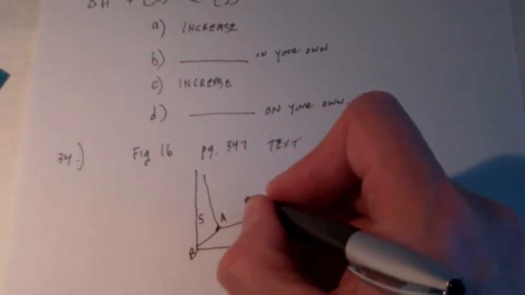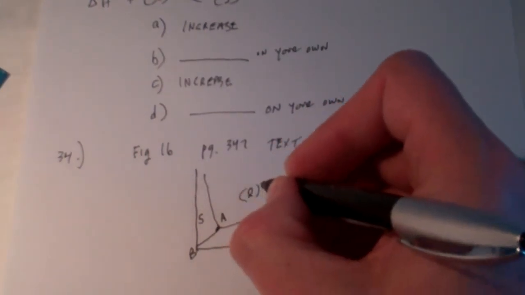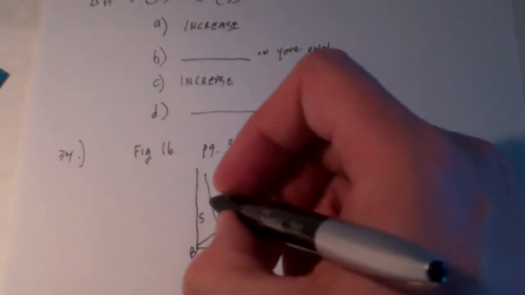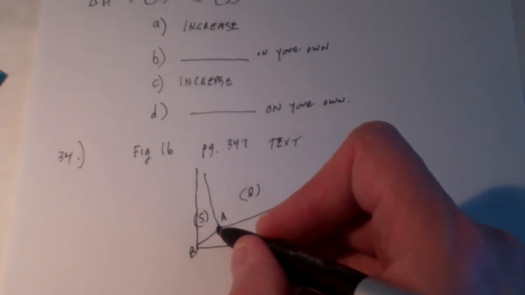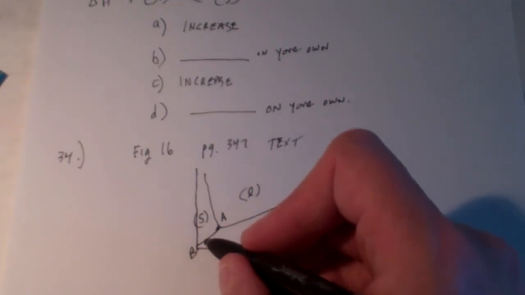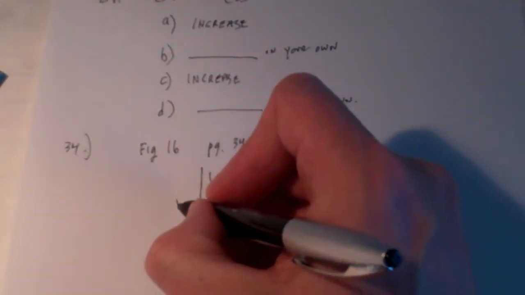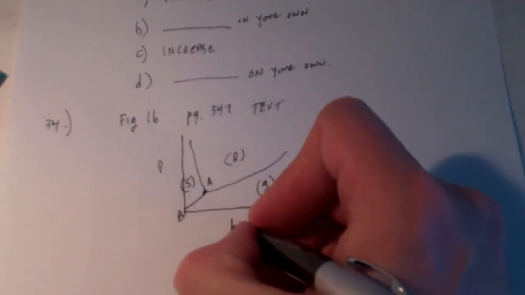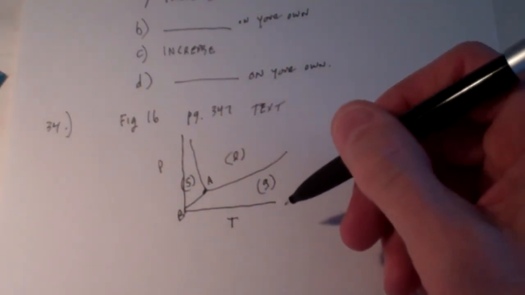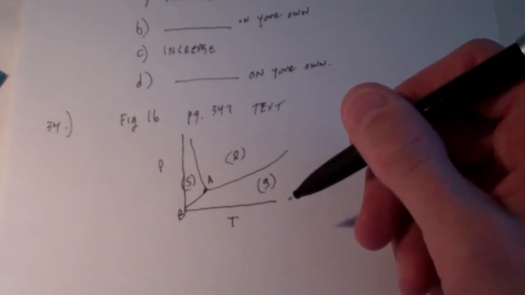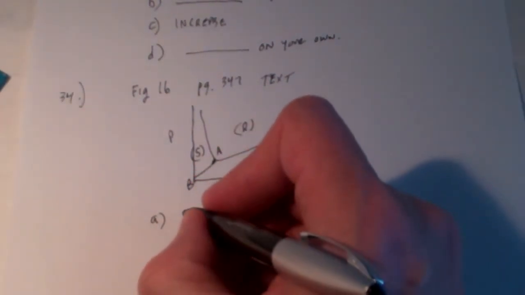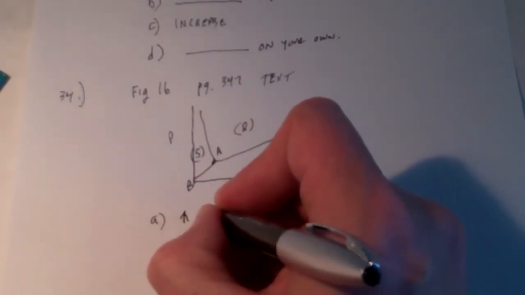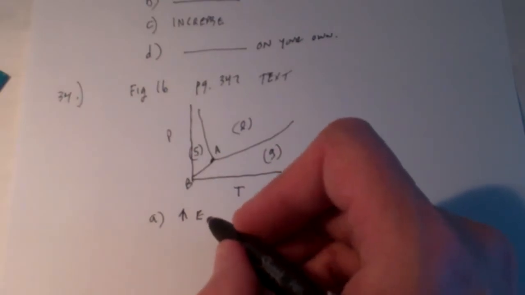Now, this is solid, this is liquid, and this is gas or vapor. So it wants to know what happens when you change pressure. Remember, this is pressure, and temperature. So let's take a look at just a couple of these. Letter A, adding energy at constant pressure. So for letter A, we are going to increase energy. Isn't that the same as increasing the temperature?